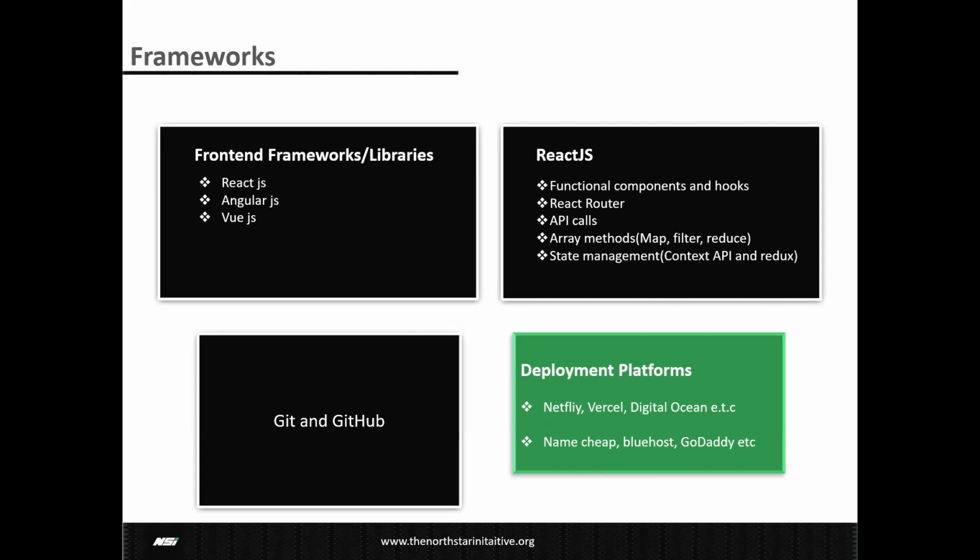Now, after learning React.js, learn Git and GitHub, right? Git is a version control system for keeping track of your code changes, while GitHub is an online platform that helps you to manage your Git repositories, right?